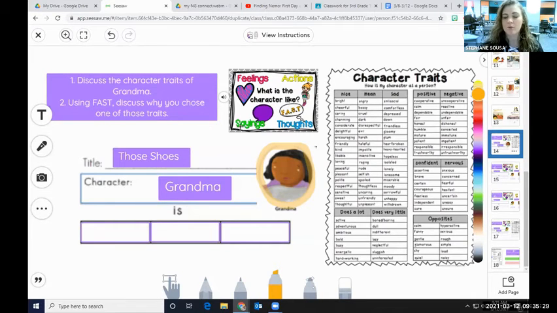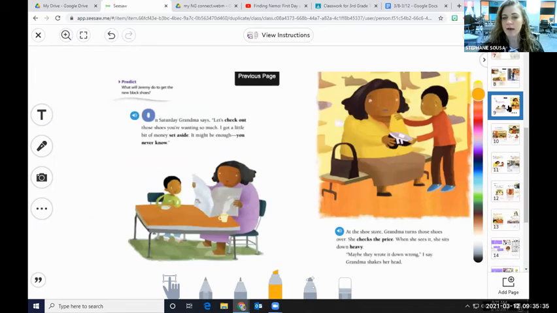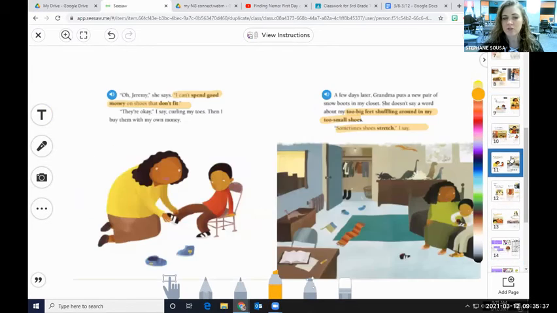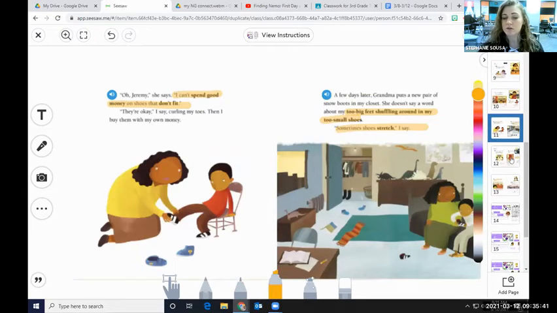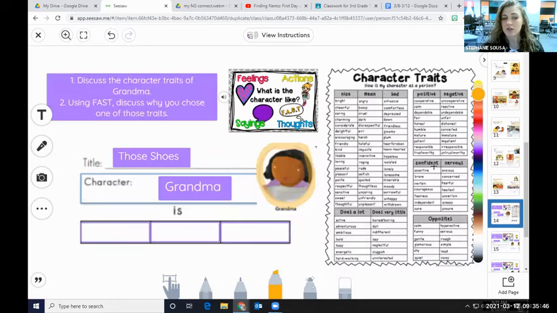So I'm going to pop you into some breakout rooms, and I want you to think about Grandma. If you need to, go back and look at the text pages where Grandma is and see what she felt, what she did, what she said, and what she thought. And you in your breakout room are going to come up with three character traits for Grandma: 1, 2, 3.